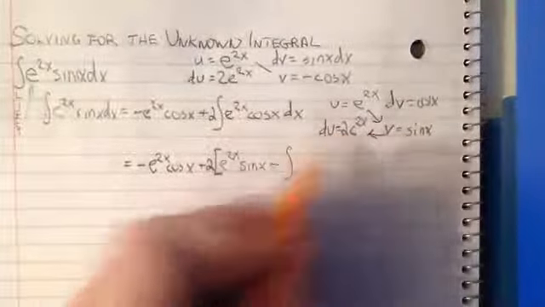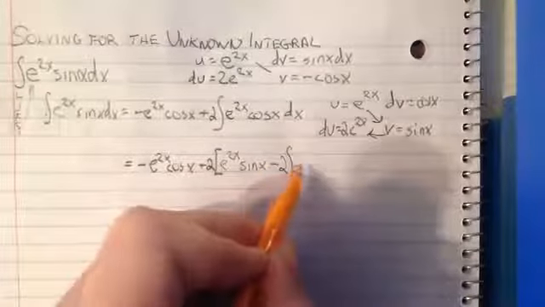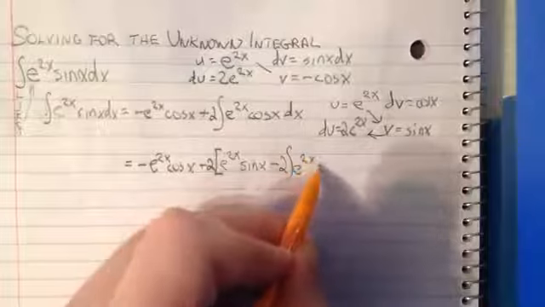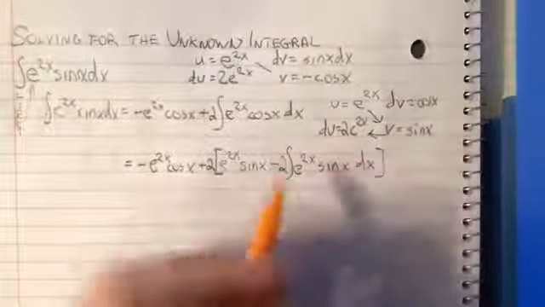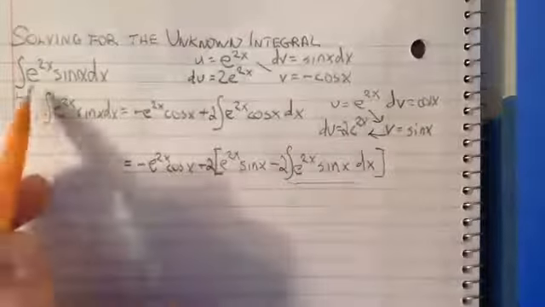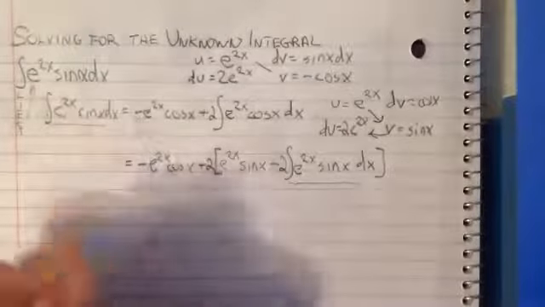I'm going to factor this 2 out and get the integral of e to the 2x sine x dx. And you'll notice that this integral right here is the original integral that I started with.